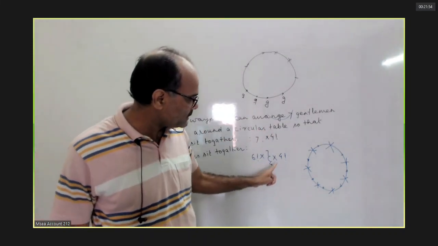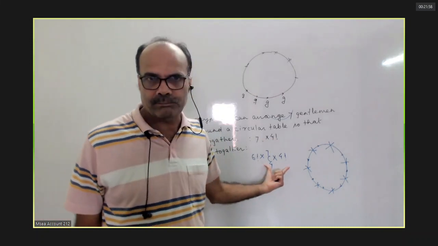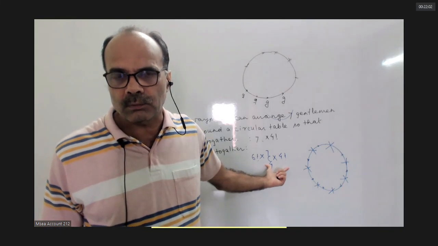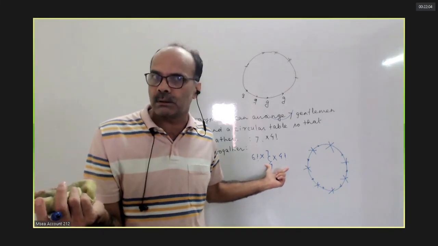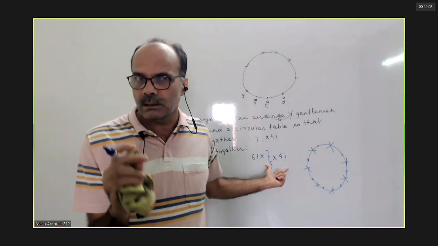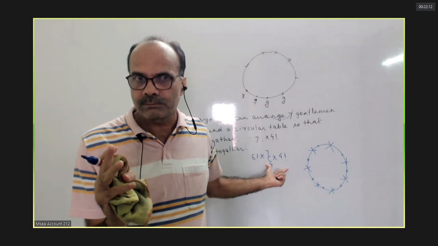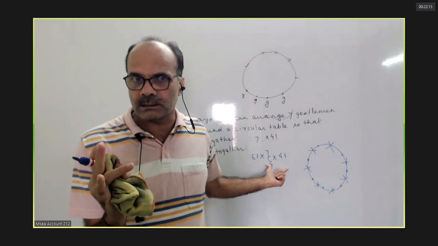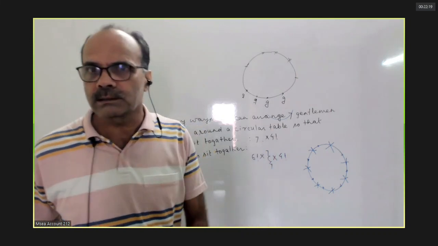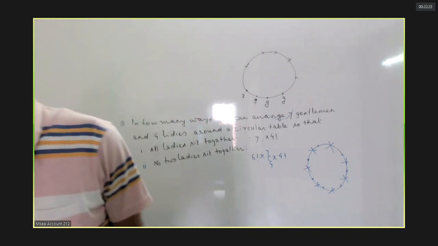And that is nothing but 7P4. Or else, with the same logic, using the basic logic, the first girl has 7 options, the second girl has 6 options, 7 into 6 into 5 into 4. All are the same.